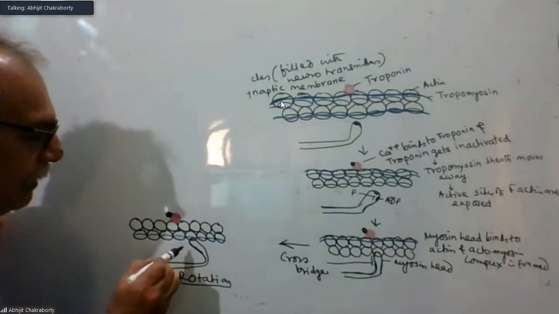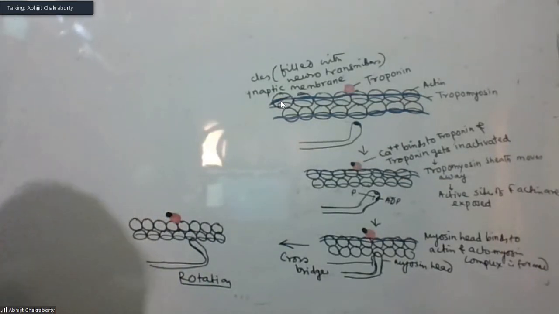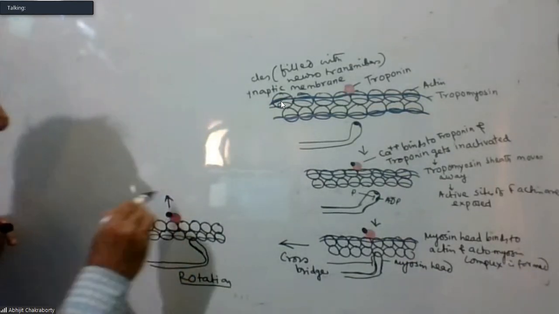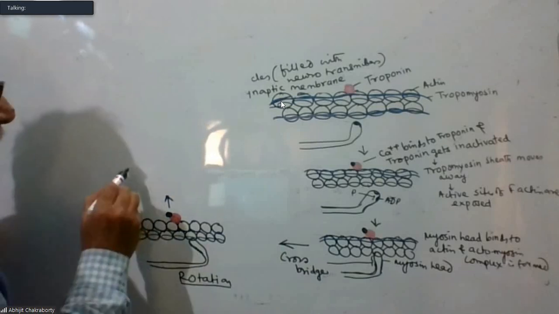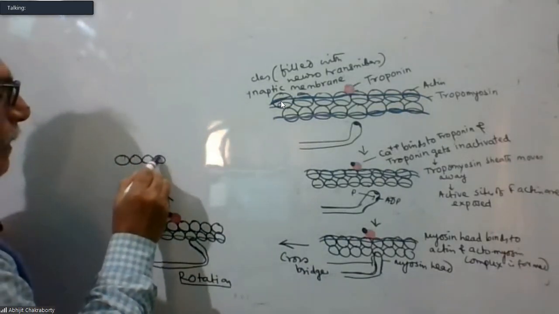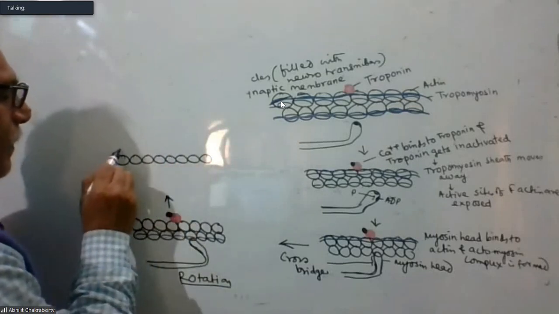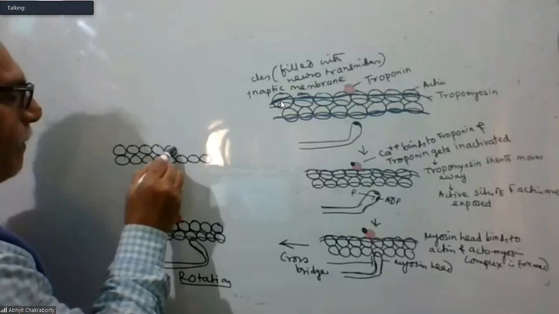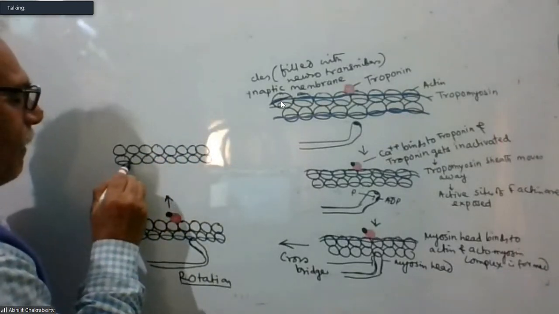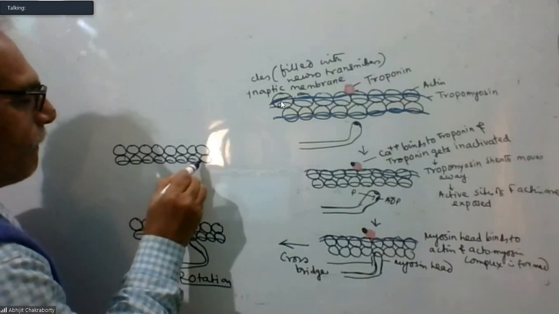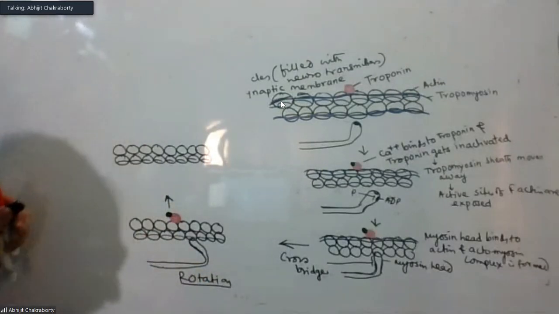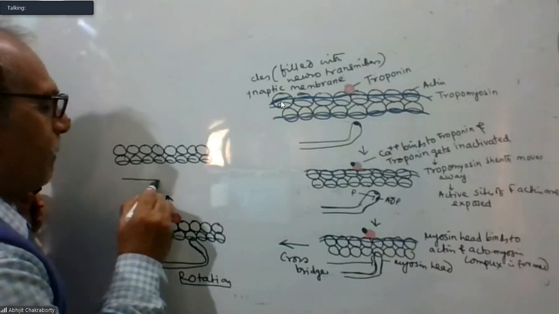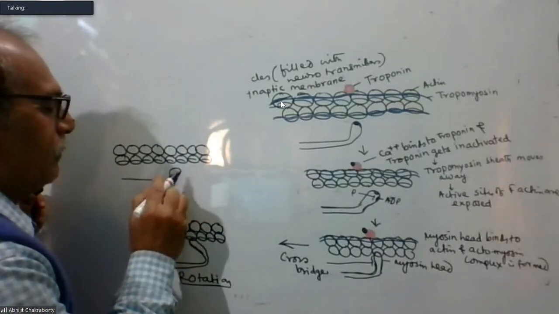After rotation, at this point, suppose ADP and Pi come. After that, so what happens next, you see? It is detached. The head gets detached.